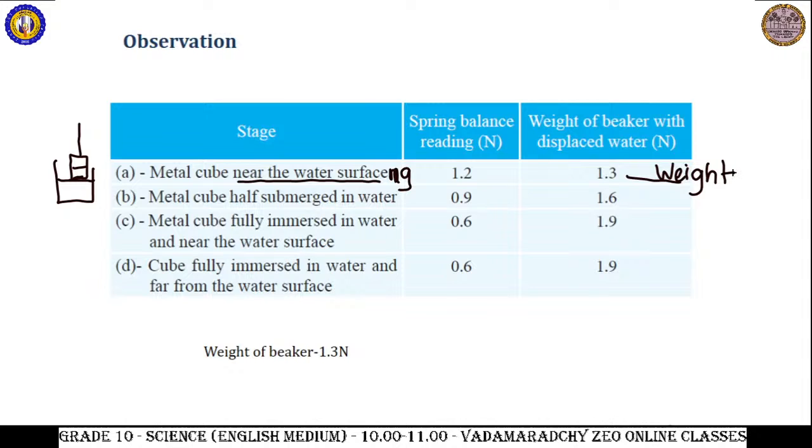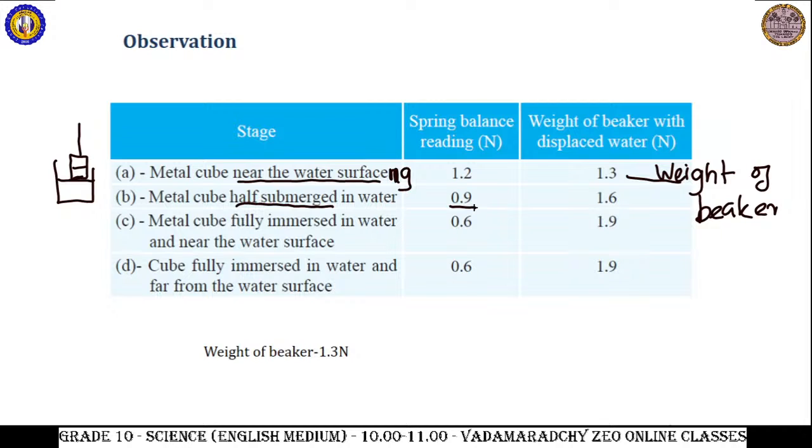We can say 1.3 is the weight of the beaker. Is that clear? Now, second, at instance B, when we immerse the metal cube half submerged in water, the spring balance reading becomes 0.9.